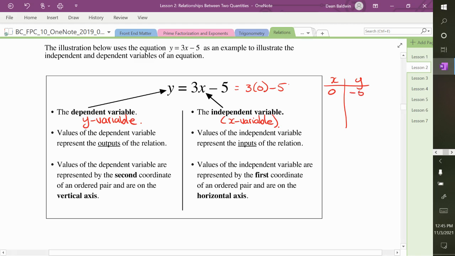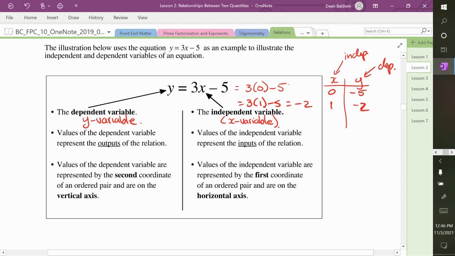Negative 5. So that means when X is 0, Y is negative 5. If I said X is equal to 1, what number would you get out? You get negative 2 because it would be 3 times 1 minus 5, which is 3 minus 5, which is negative 2. Okay? Is that okay? So this is the independent, and this is the dependent.